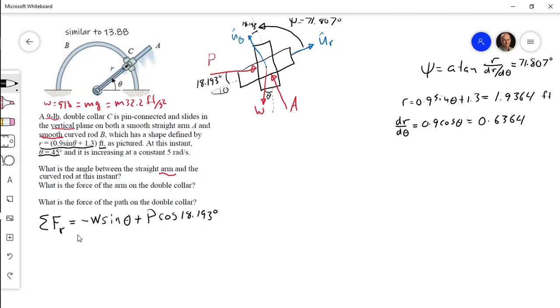We already decided A was out, and so that equals MAR. And also, from chapter 12, we have an expression for AR: R double dot minus R theta dot squared. And so theta dot we're given, that is here.